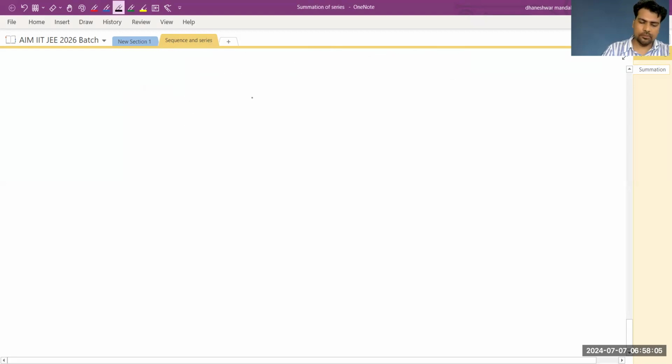Okay, let's take one more example. Suppose we have the question: S equals 1 squared over 1 to the power 4, in a similar way 2 over 1 plus 2 squared and 2 to the power 4, similarly 3 over 1 plus 3 squared and 3 to the power 4, and so on up to n terms.